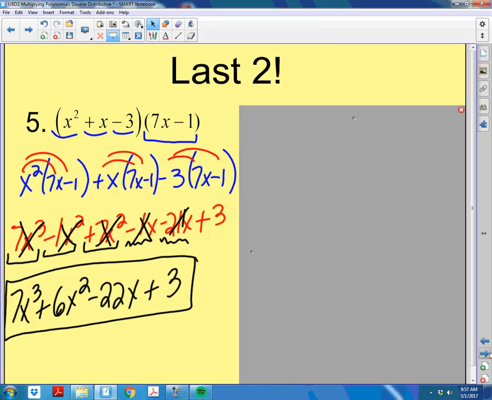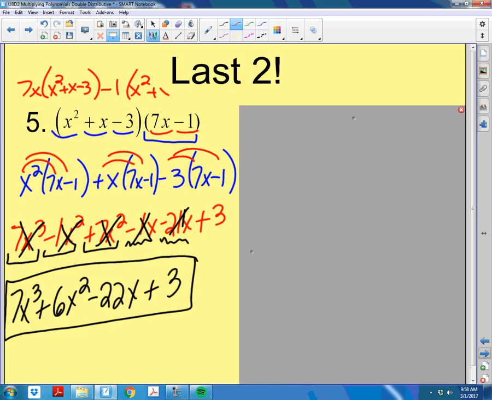Now, here's what I wanted to show you before you move forward. If, instead of doing it the way I did it, I had split the second one, I could have written this as 7x minus 1, and in between, it would have been x squared plus x minus 3, and x squared plus x minus 3.